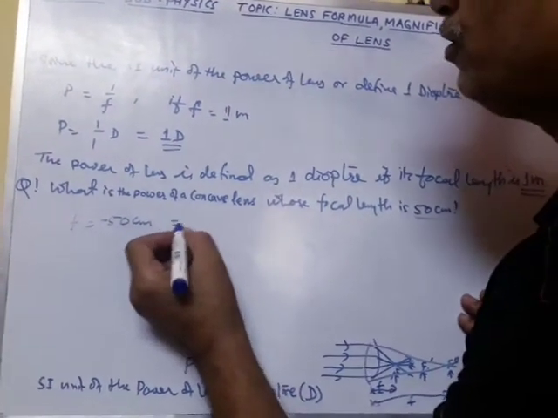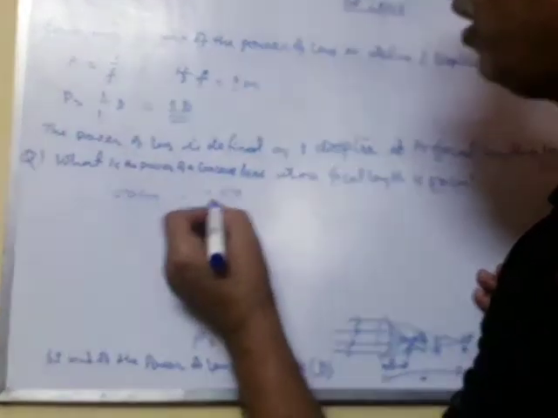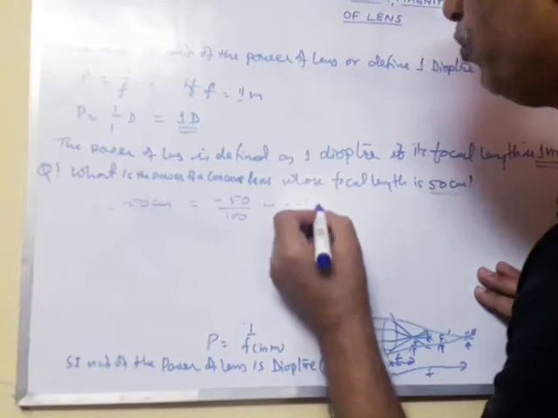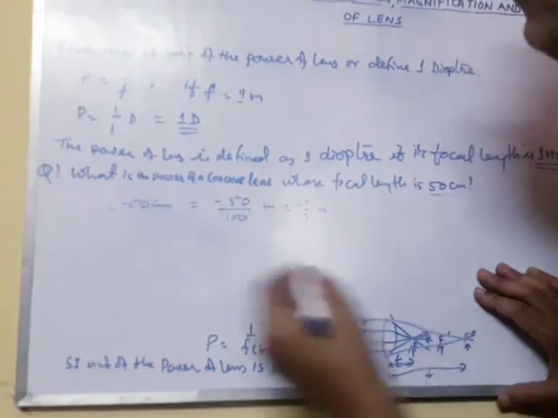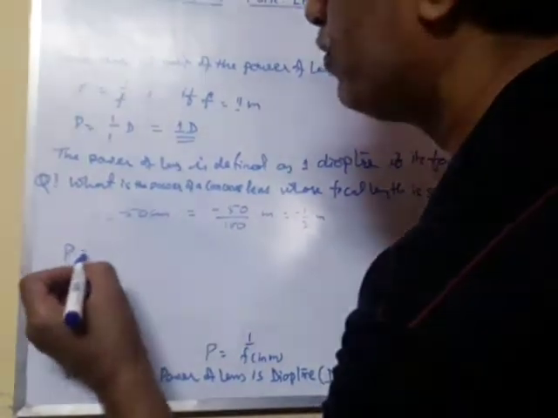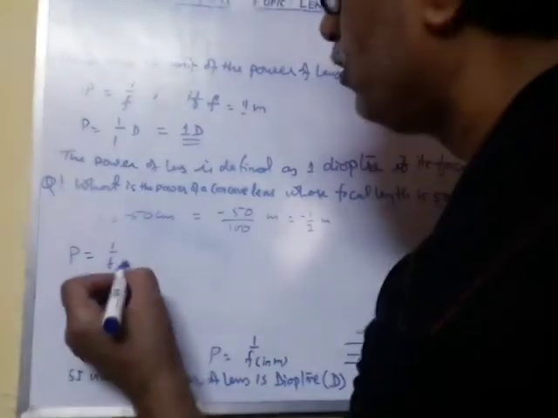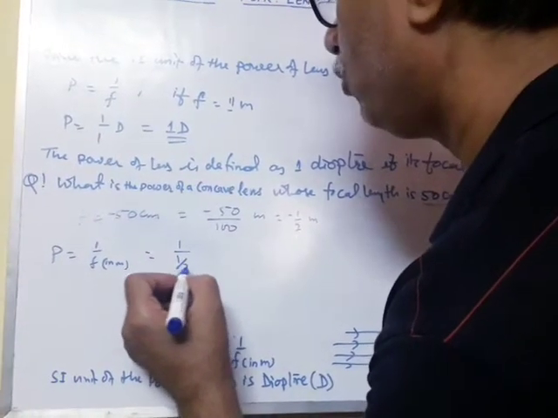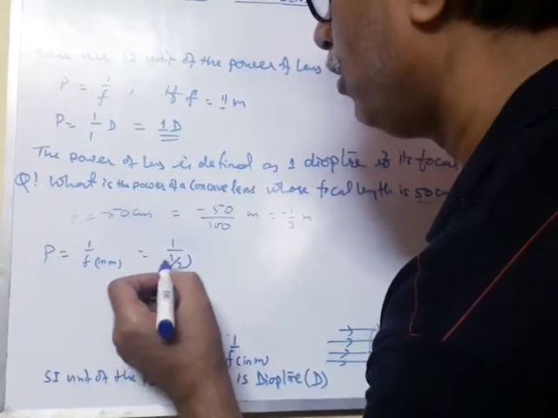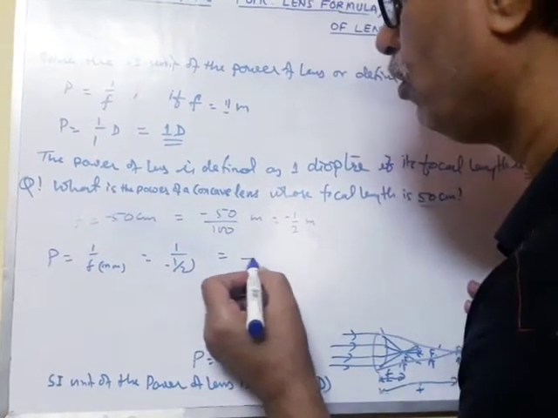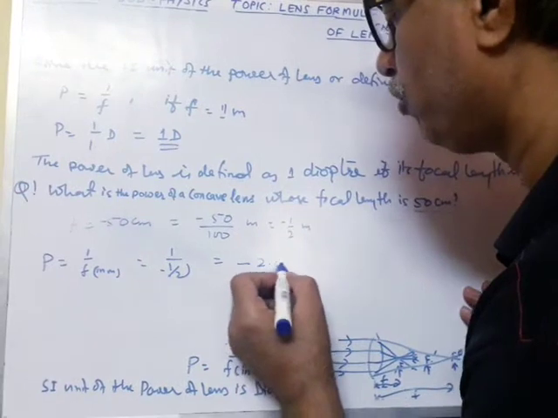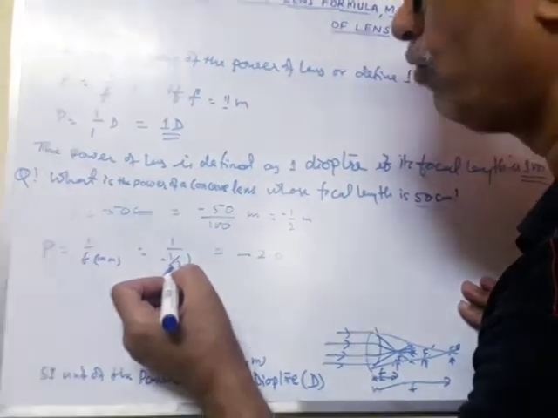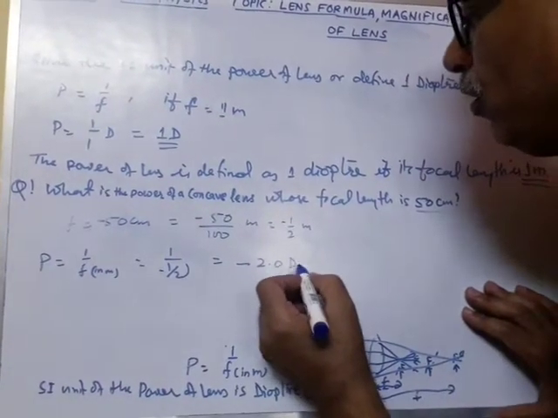Now change this into meter. 50 by 100 gives minus 1 by 2 meter. Now power of lens is equal to 1 by f in meter. So this is 1 by 1 by 2 with negative sign, which gives minus 2, that is minus 2.0 diopter.